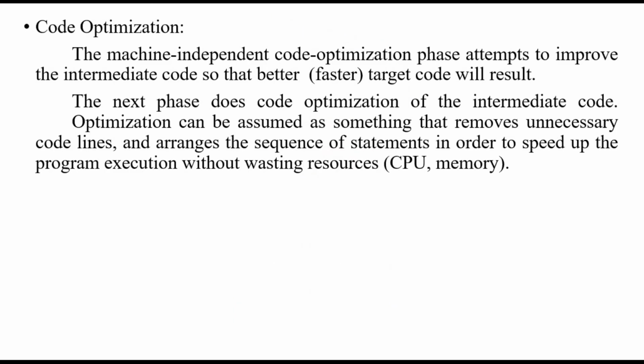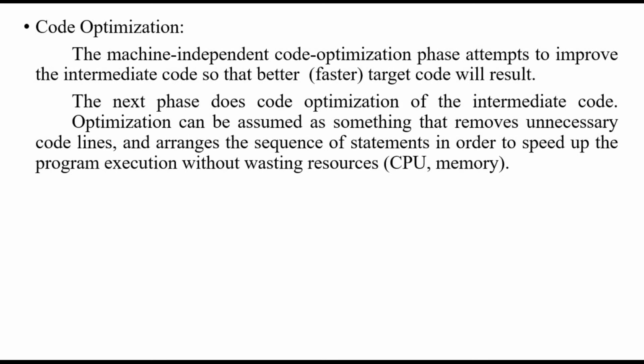In code optimization, the machine independent code optimization phase attempts to improve the intermediate code so that better target code will result. Better target code means faster, but other objectives may be desired, such as shorter code or target code that consumes less power. Better means it will be faster or shorter. So this phase does code optimization of the intermediate code.